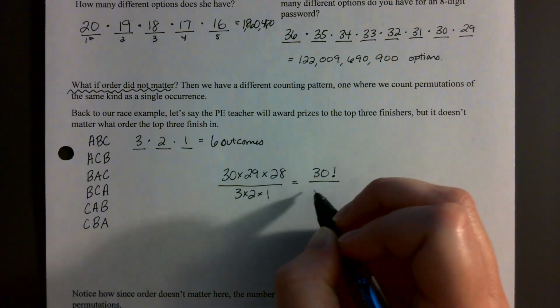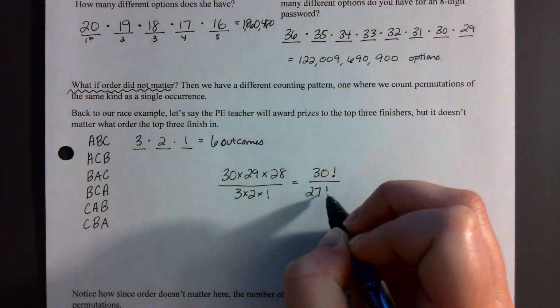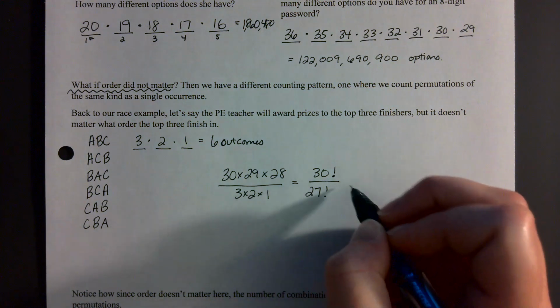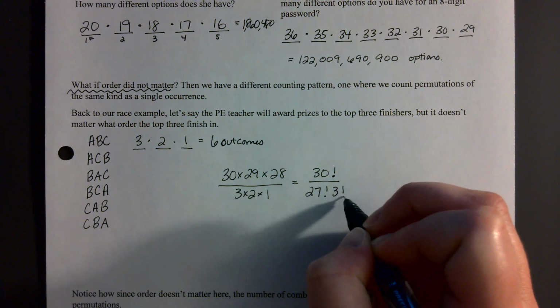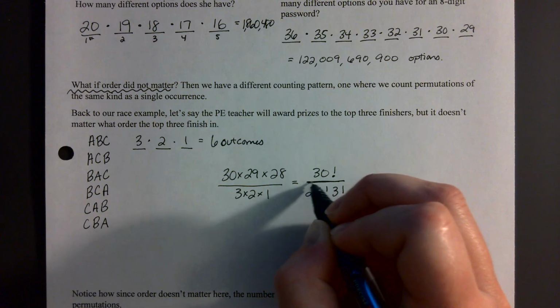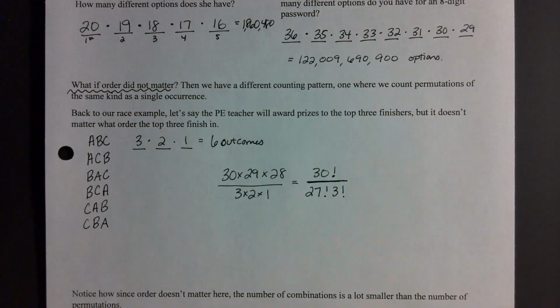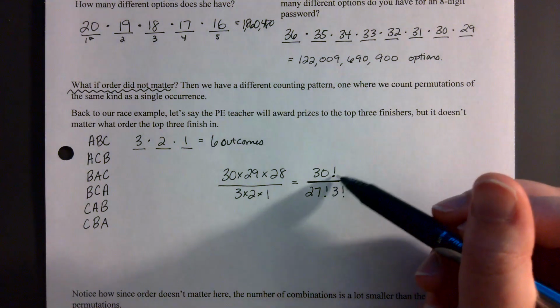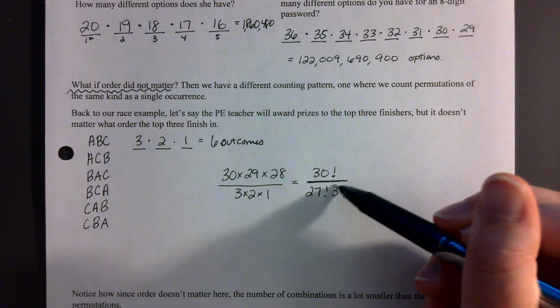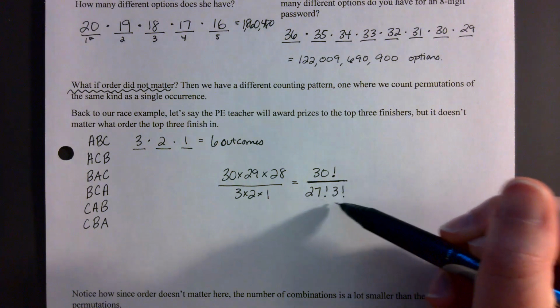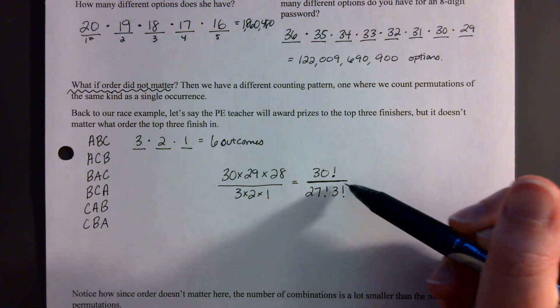To get rid of that 27, we took 27 factorial. But we're also now adding in our 3 factorial to eliminate those different pieces. So this came from our permutation, and now, because order doesn't matter, we're eliminating those 3 factorial.